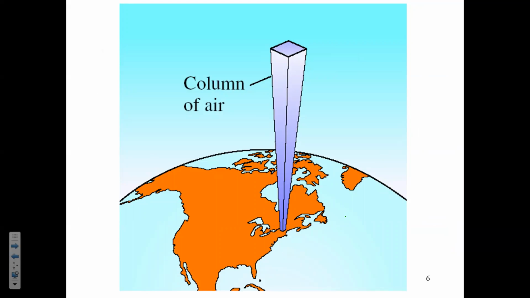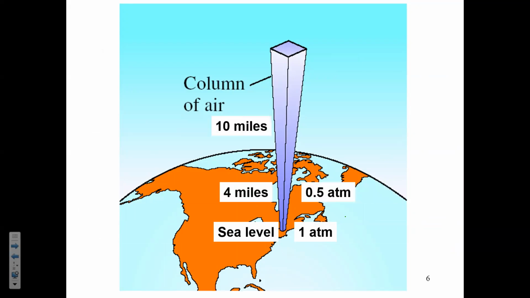You're also going to hear me talk about ATMs. Okay, and ATMs are atmospheric measurements. And so if we were to go to the coast and put a column of air a mile or 10 miles or 4 miles up into the atmosphere and measure the pressure, we would notice that as we go up into the atmosphere, obviously we know the air becomes less dense, and so therefore we have littler and littler pressure.